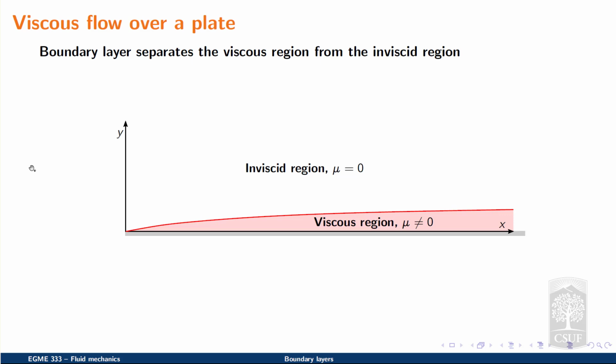And it's not because the viscosity is actually mathematically equal to 0, we just model it that way, but rather that the flow experiences an insignificant amount of shear strain rate, or that the shear strain rate is negligible. And the boundary that separates these two regions in the flow is what we often refer to as the boundary layer.